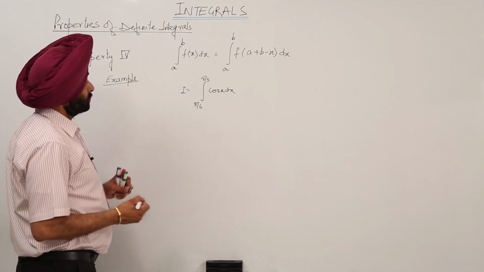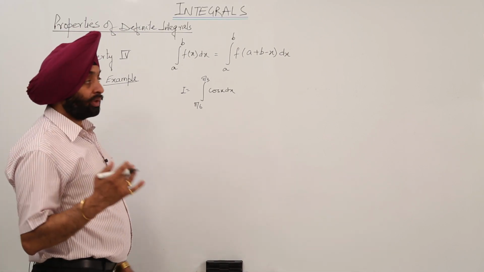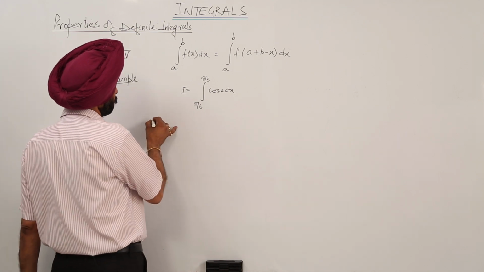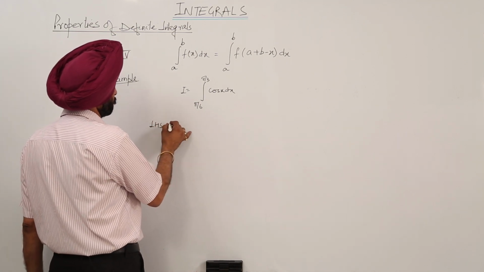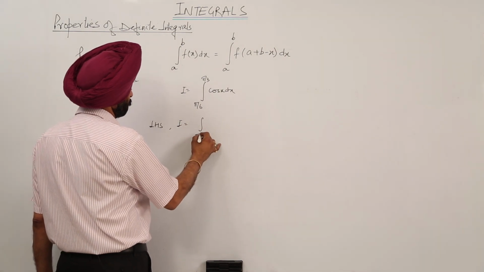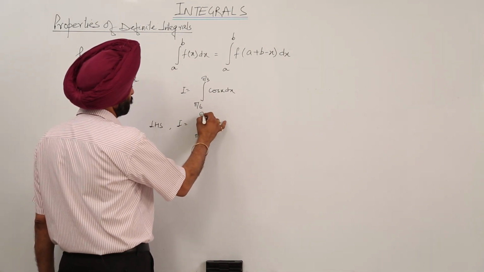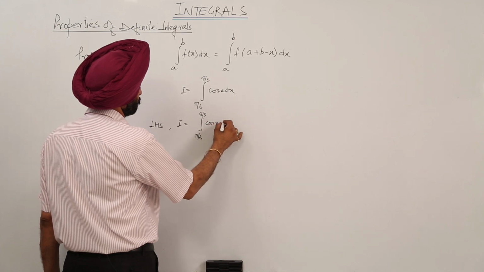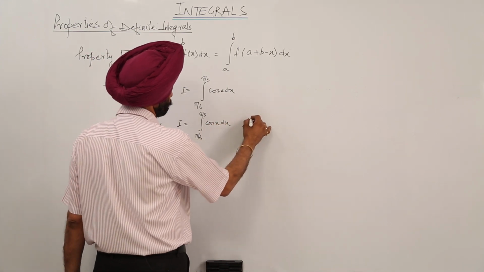Next example, for verification of the property. Now, left hand side: the integral from pi by 6 to pi by 3 of cos x dx.